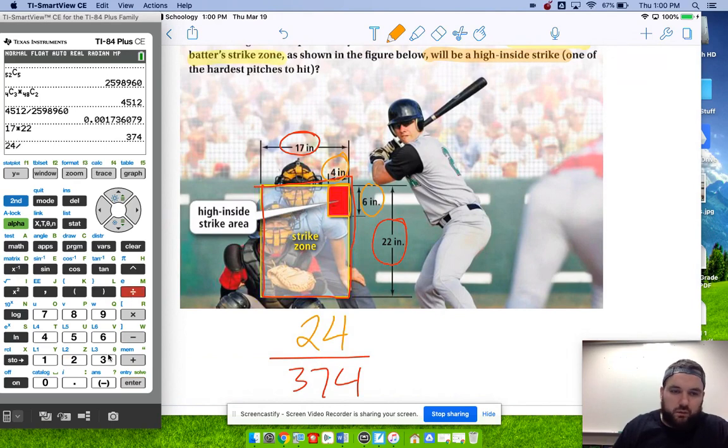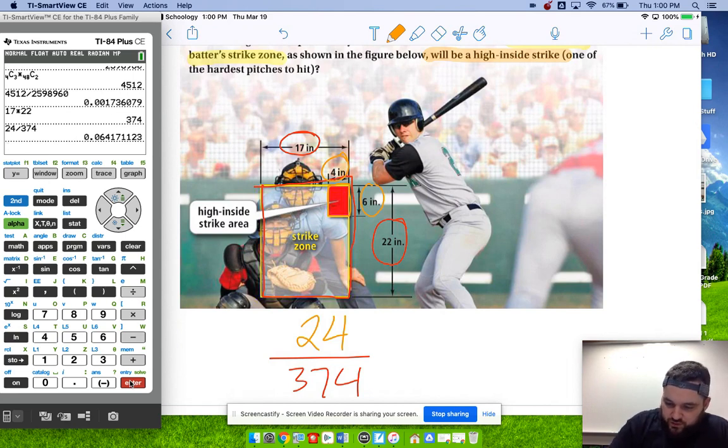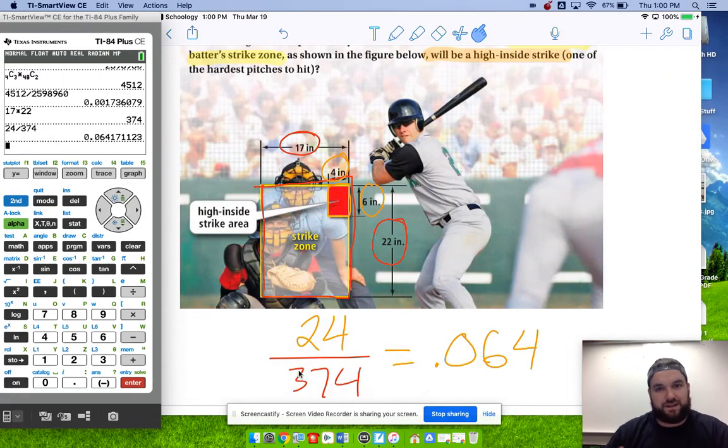Again, I could reduce that fraction, but most of the time, we like to just go right to the decimal. I say most of the time. I'll contradict that statement in the next couple of videos. 0.064, which is about a 6.4% chance that the baseball is thrown in the high inside strike zone.